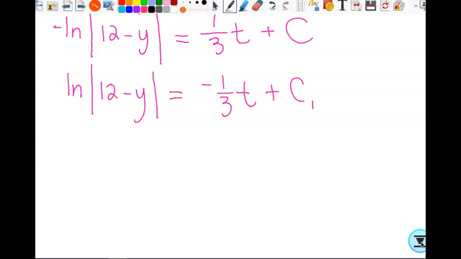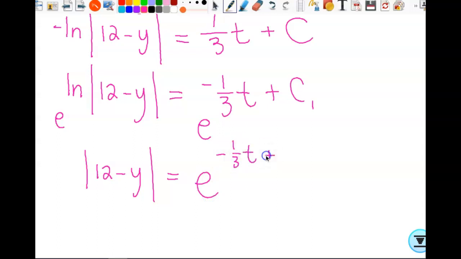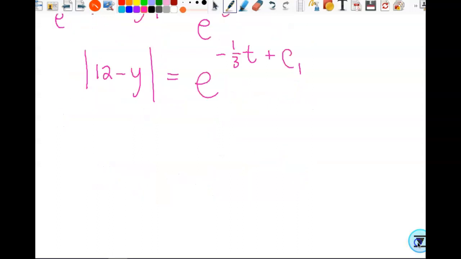Okay, so exponentiate both sides to undo that natural log. So e to the negative 1/3 t plus c sub 1. Then I would rewrite that right side as the product of two powers, e to the negative 1/3 t times e to the c sub 1, which is still just a constant.